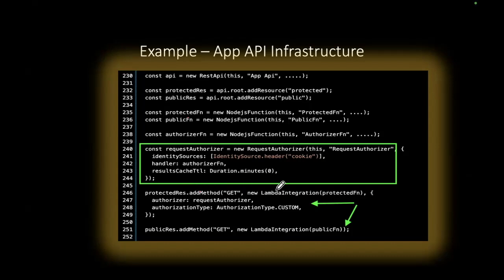In this case it's a GET method. We're doing our Lambda integration as before, but here's the extra stuff that indicates that this particular endpoint in my app API requires the JWT token to be validated before the request is actually passed on to the backend Lambda.